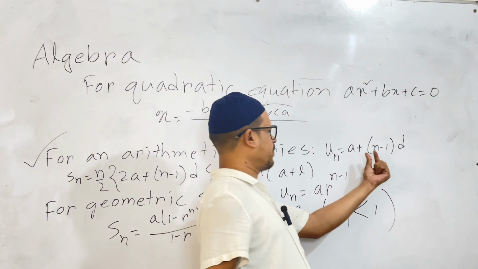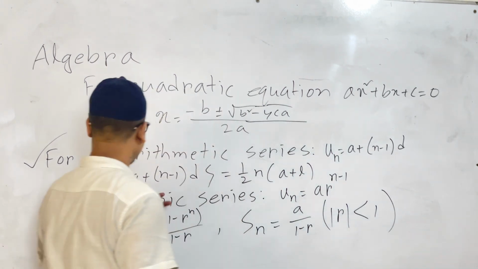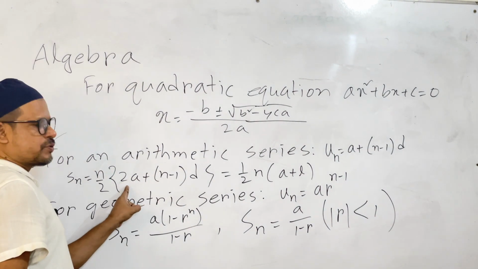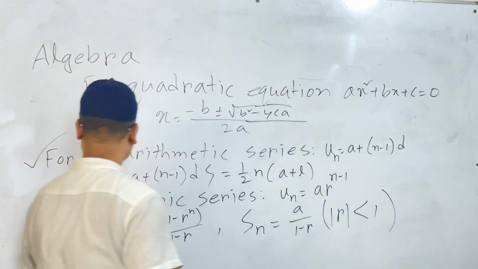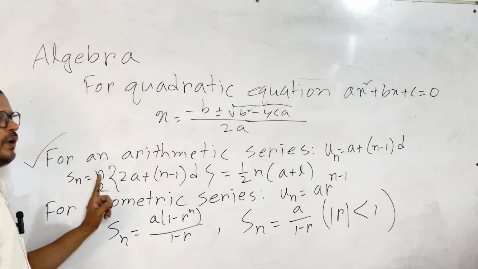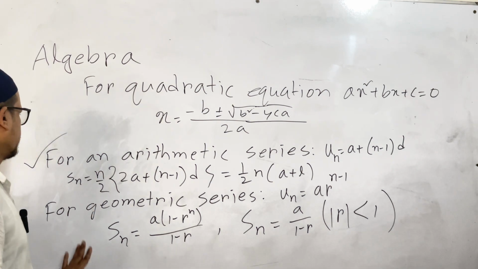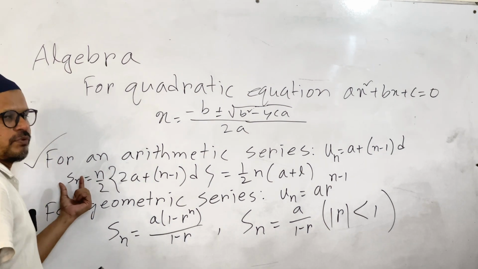Just a plus n minus 1 d is here; we need to just put the 2 here with only a, and n by 2 outside. You have to remember this for finding out the summation Sn.